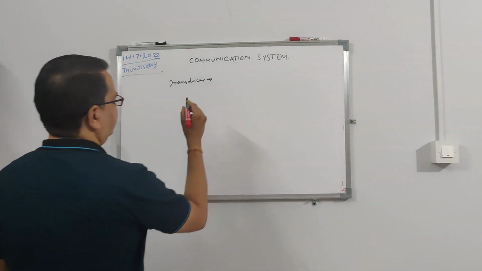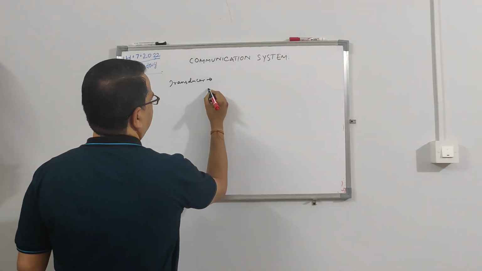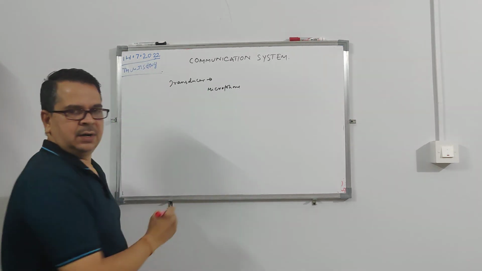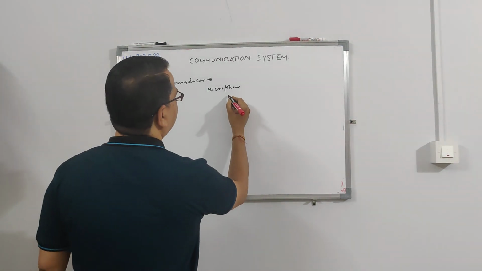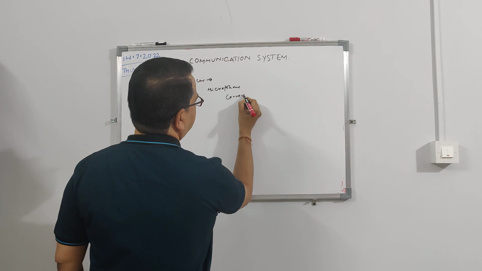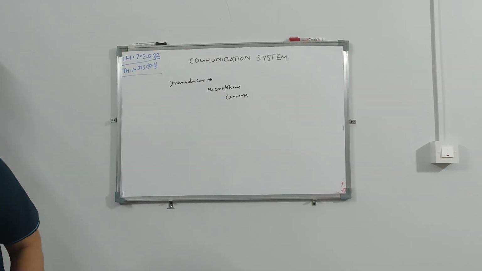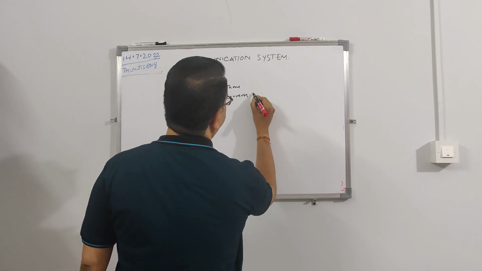For example, the microphone is a transducer. What it does is convert your sound, or you can say it converts a physical variable.